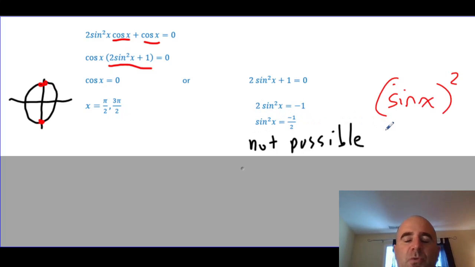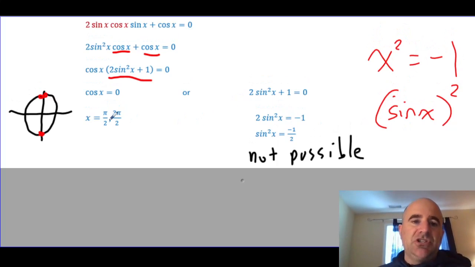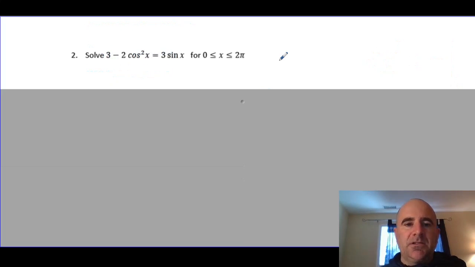Well, it's not possible to square anything and get negative 1/2. It's like trying to solve x squared equals negative 1. There's no real number that works there. And so in this case, we just have these two solutions of pi over 2 and 3 pi over 2.